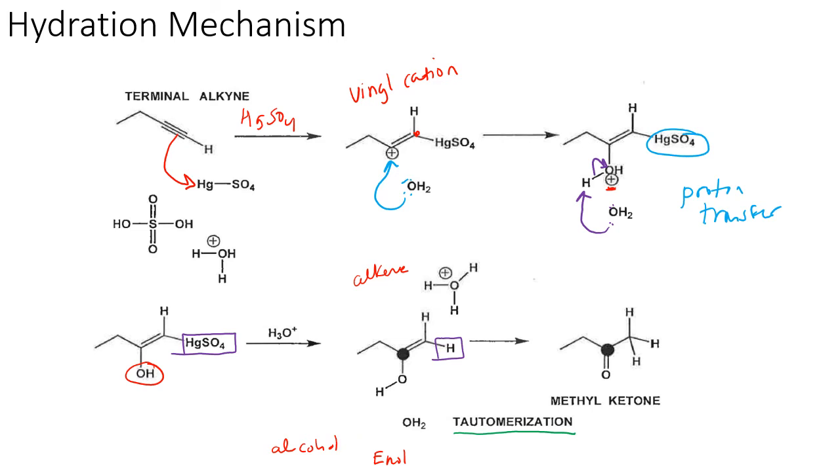So let's get rid of these arrows so they're not messing up what we're looking at. What will happen is a molecule of water will grab a proton from the alcohol portion. These electrons in this covalent bond between hydrogen and oxygen will swing over and form a double bond between oxygen and carbon.